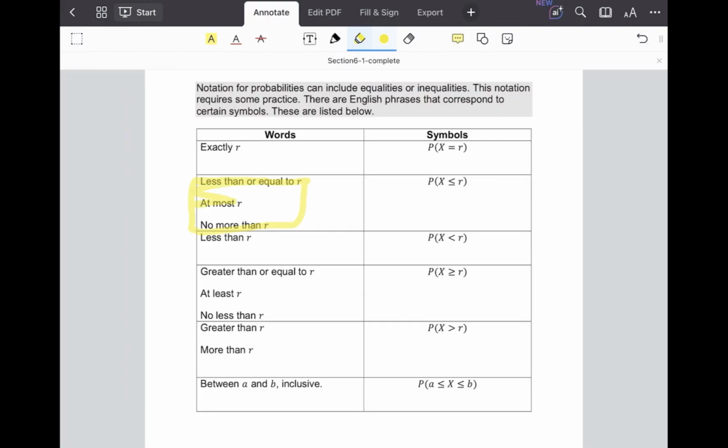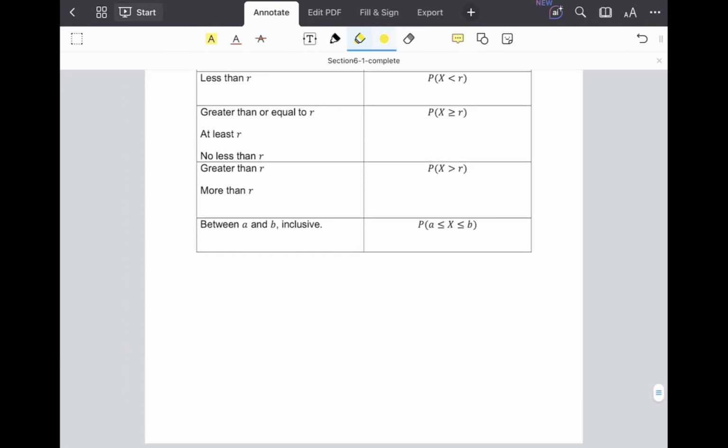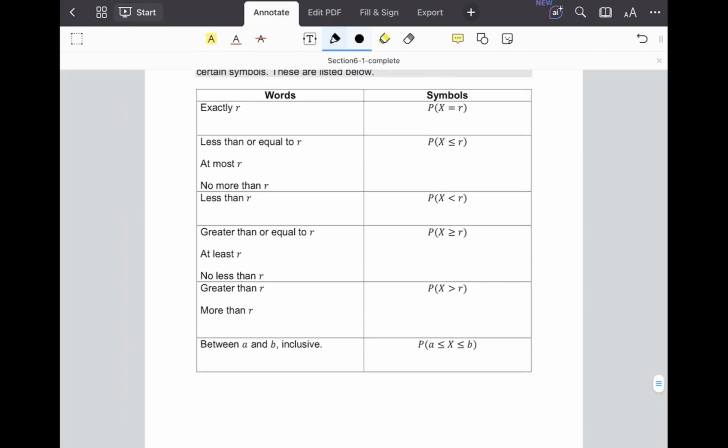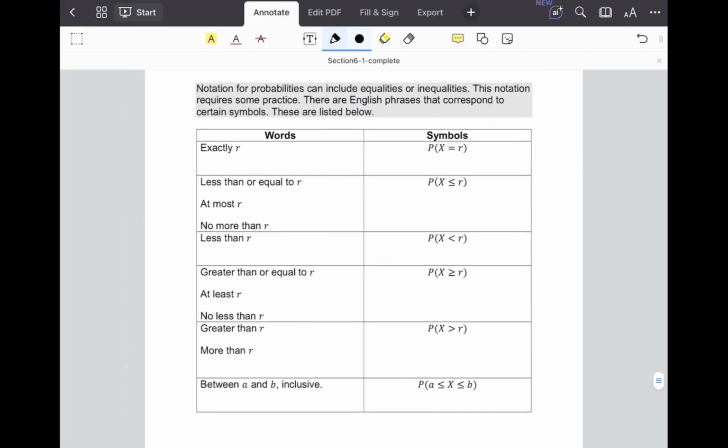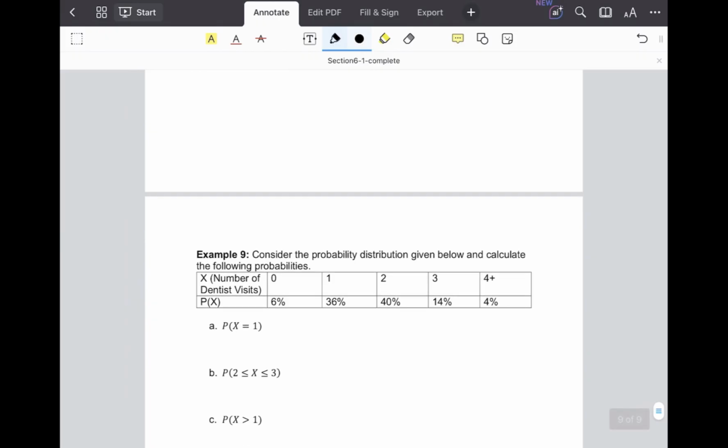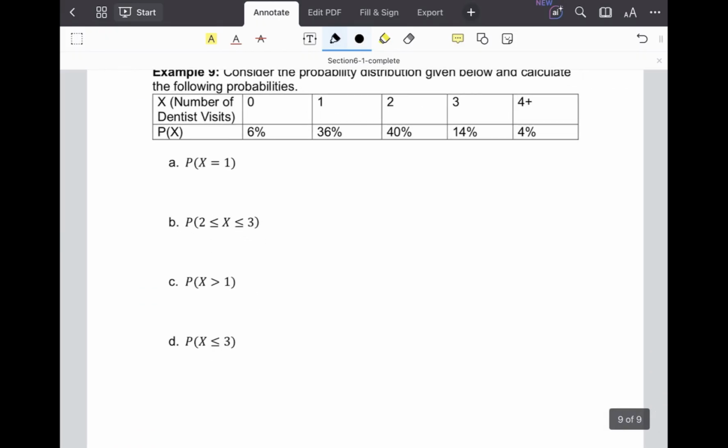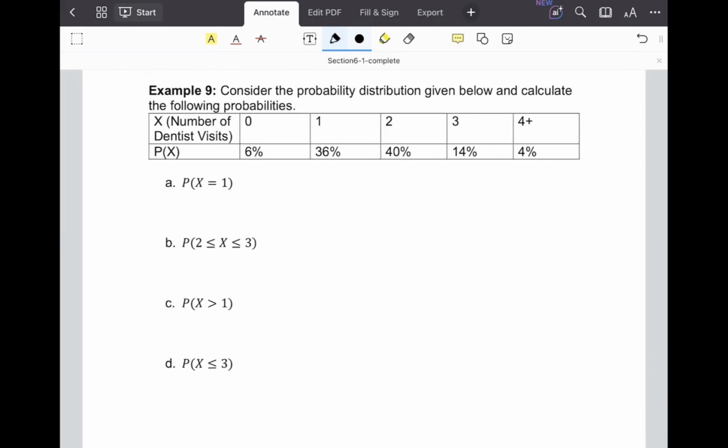They have other phrases that are used as well: at most R, no more than R. Greater than or equal to is also the kind of weird one: at least R, no less than R. Those are all the same ways to say the same thing. So just make sure you are aware of those. You can reference these for the homework, but just make sure you know them.